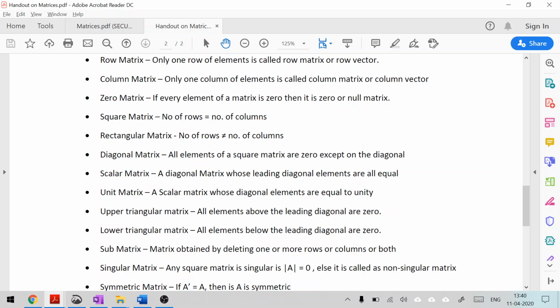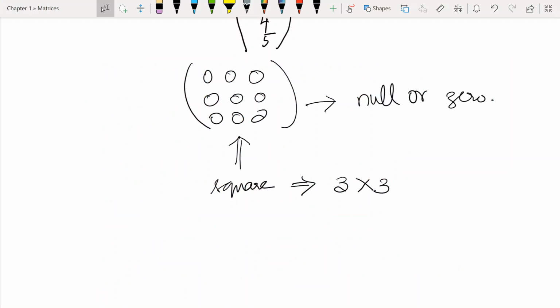Next, let us go to the diagonal matrix. Please underline the words square matrix here. All the elements of a square matrix are 0 except on the diagonal. First, a diagonal matrix has to be a square matrix. This is the diagonal.